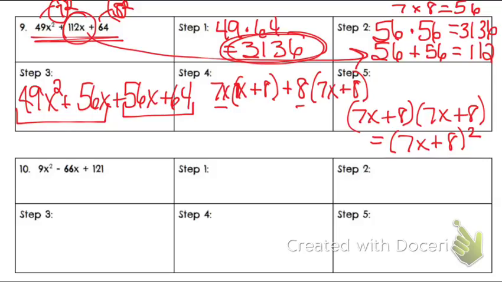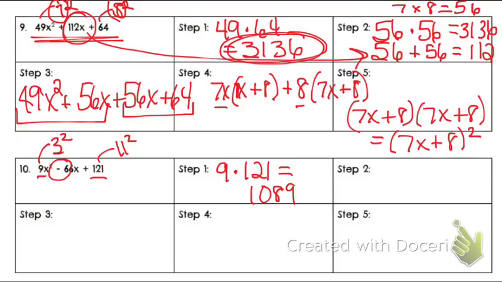Remember this trick up here? I said 9 is 3 squared, and 121 is 11 squared. That's going to come in handy in just a little bit. So step 1, you multiply A by C, 9 times 121, and you get 1089. I have no idea what all the factors are of 1089, but I do know that 3 times 11 is 33, and be careful, this was a negative. That's going to be important.